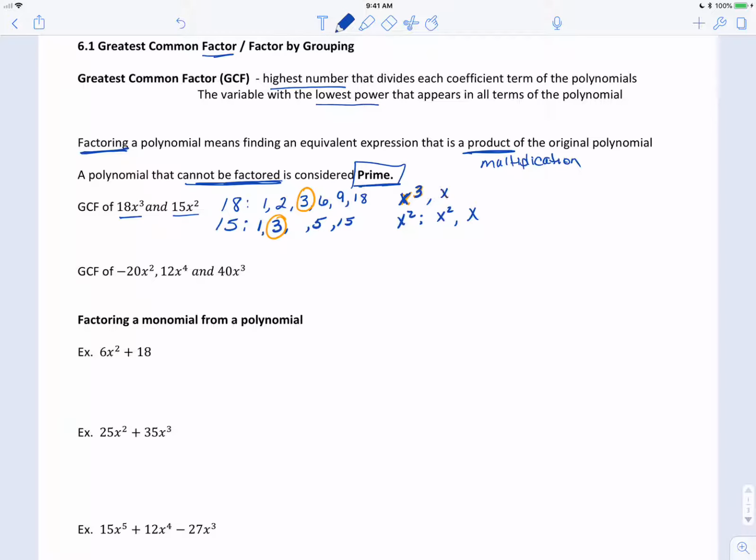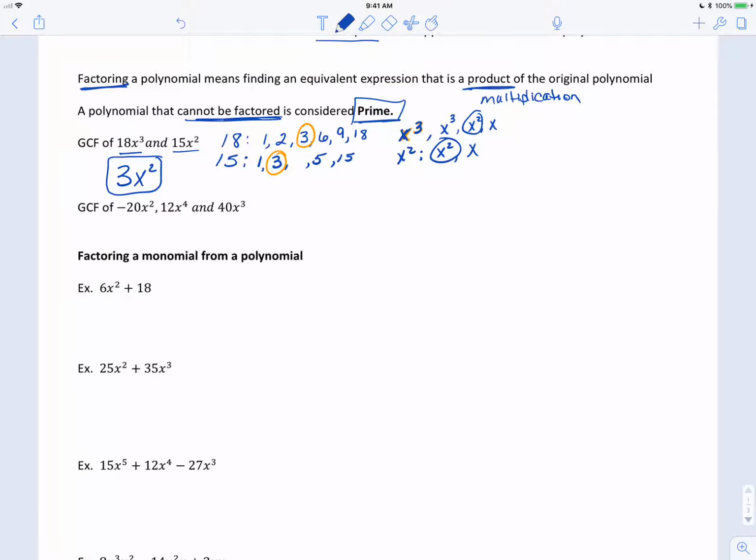Factors of x cubed, I've got x cubed, and then x squared will go into it, as will x. Well, then that's my highest one, is always the lowest power, if you just notice that. So the GCF for these two numbers, 18x cubed and 15x squared, is 3x squared, because both numbers are divisible by that.